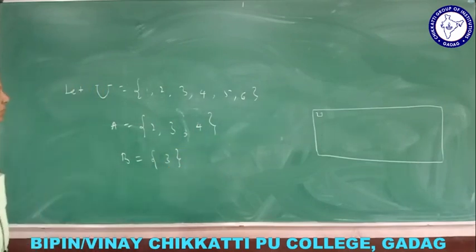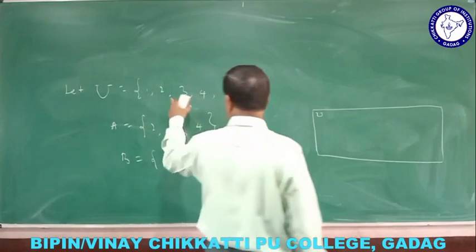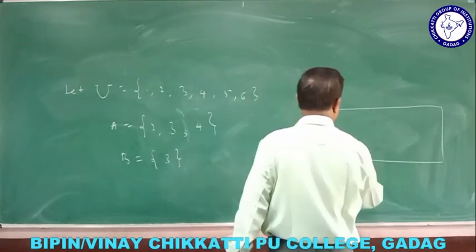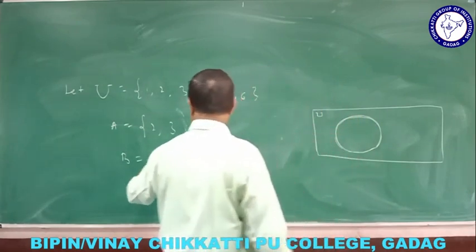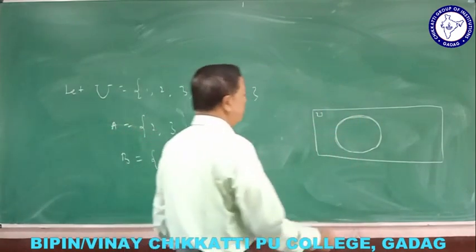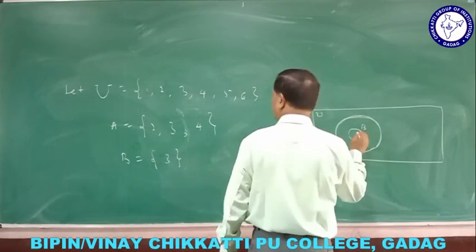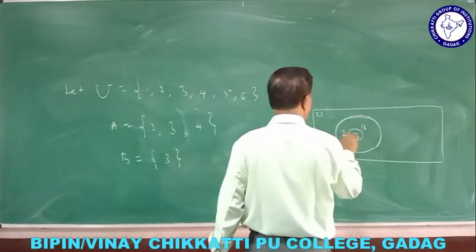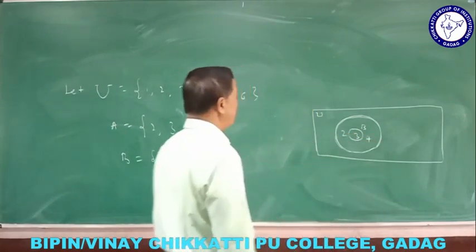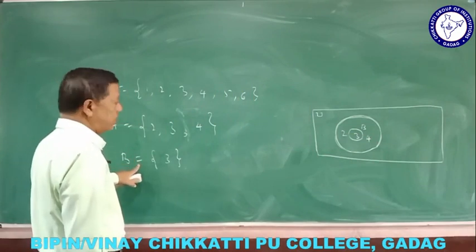So how do we represent this in the Venn diagram? This is the universal set, and A is a circle that we have given, and here B is a subset of A. First you have to write B. This is B. Inside is 3, and outside, in A, are 2 and 4.